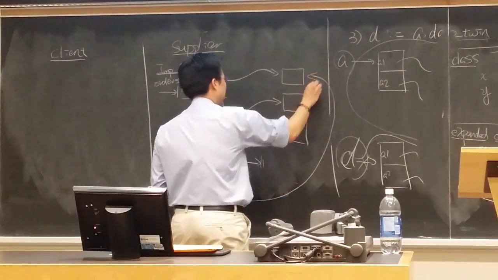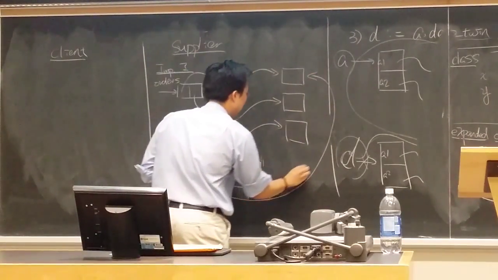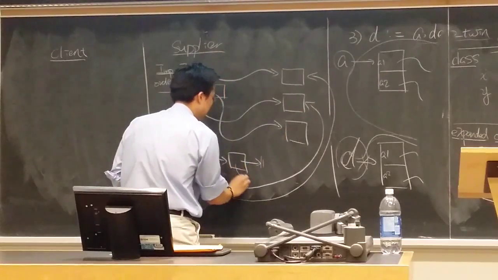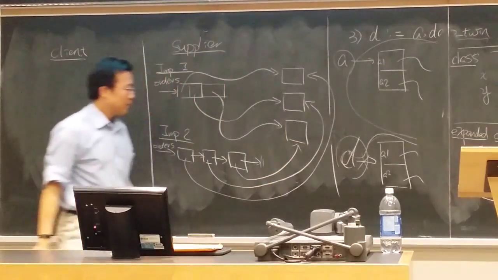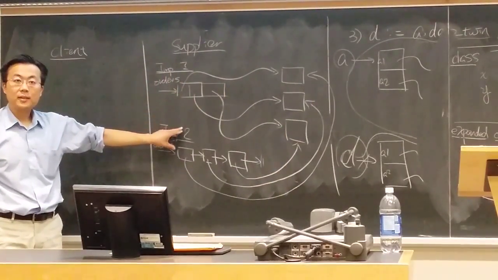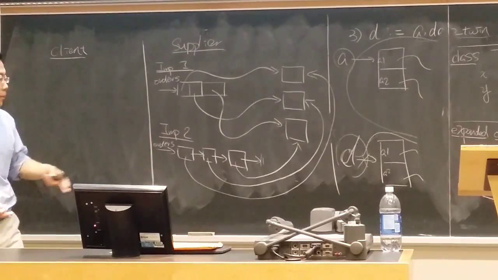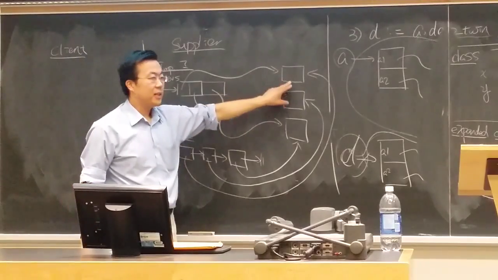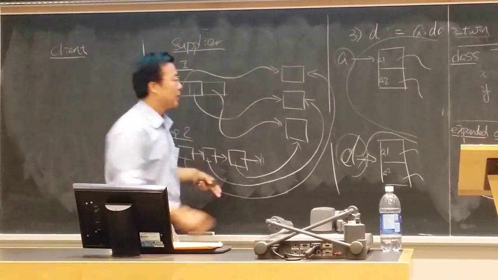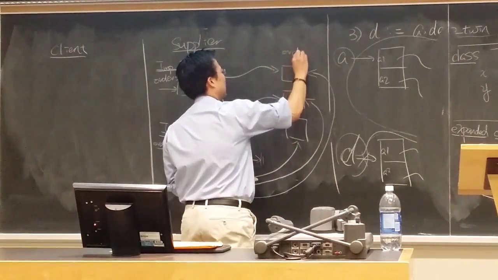From the other way, they also refer to the same order objects, right? Although we have different representations of how the orders objects are organized, they're really referring to the same order objects, right? So here are the orders.